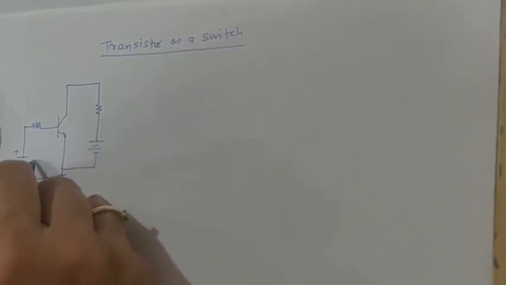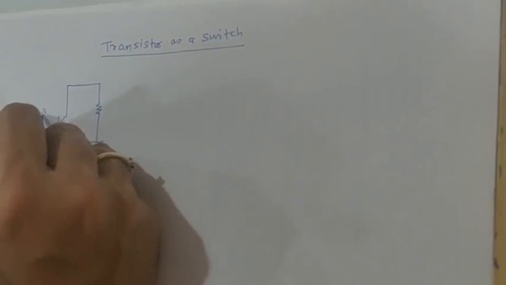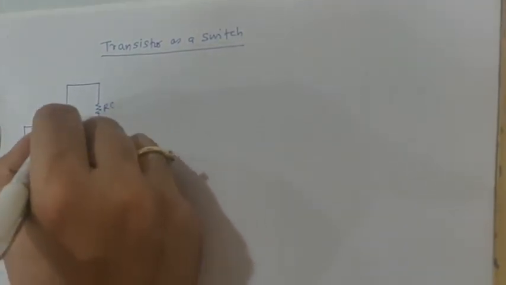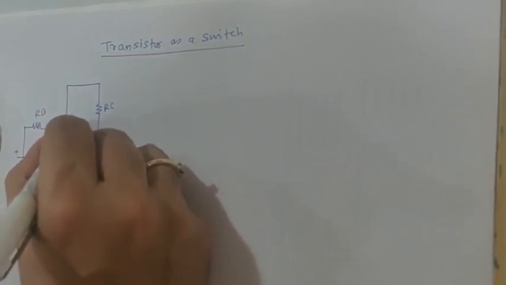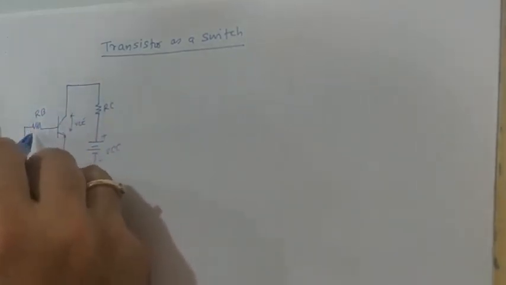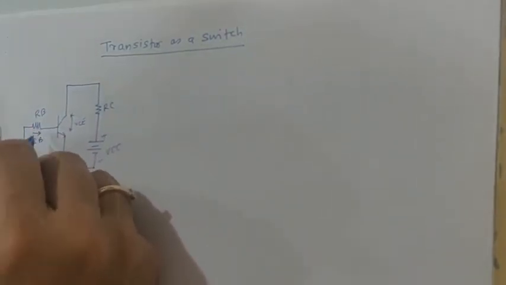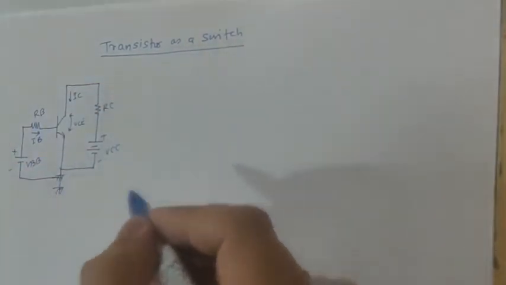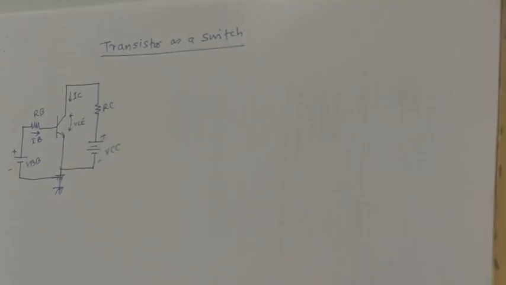So this is your VBB, this is RB, this is your RC, and this is your VCC. Of course, this voltage is going to be VCE, and the current flowing through the circuit is IB, the input current, and IC will be the output current. Okay, so this is a simple circuit that can be used for a transistor as a switch.